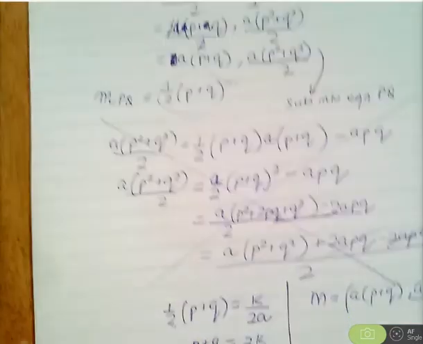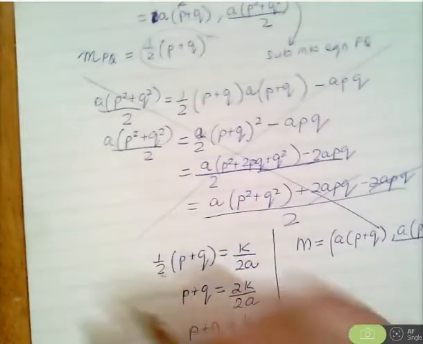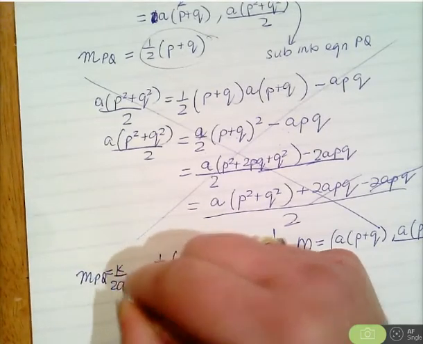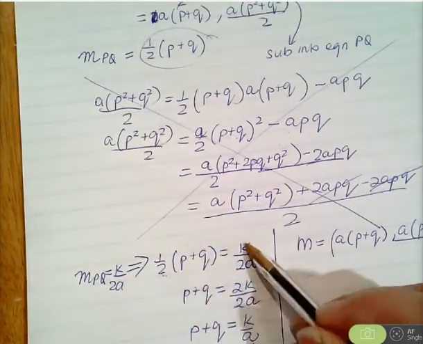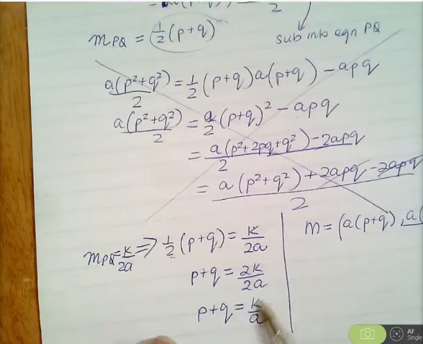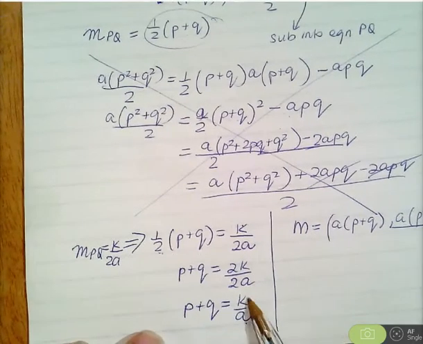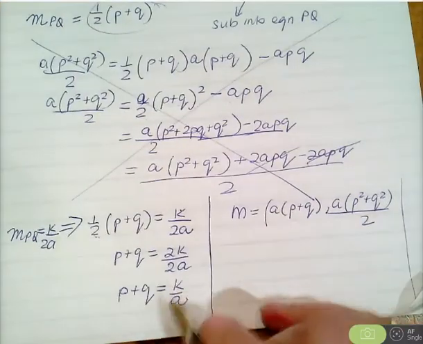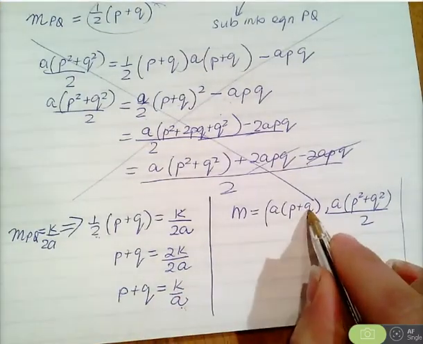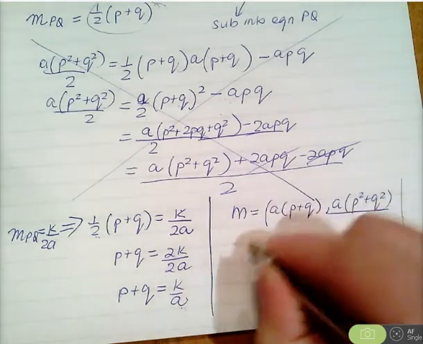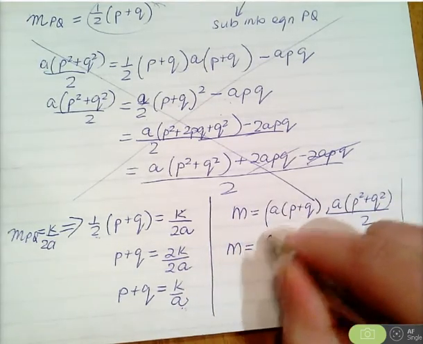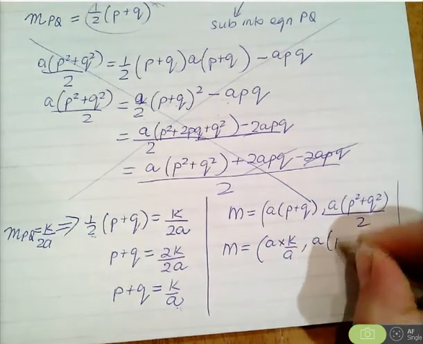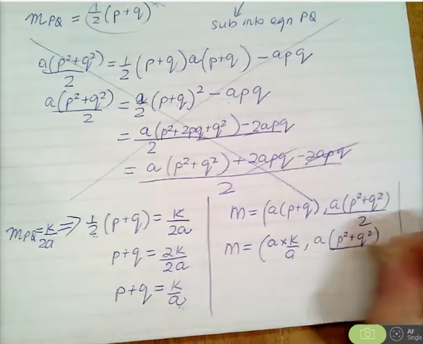We've said that the gradient of PQ equals K over 2A, which gave us this. We've manipulated that and come up with an expression for P plus Q, which is K on A. Now I've got the midpoint M, which was done earlier here. I'm going to substitute P plus Q with K on A. So therefore the midpoint is A times K on A, comma, A times P squared plus Q squared over 2.